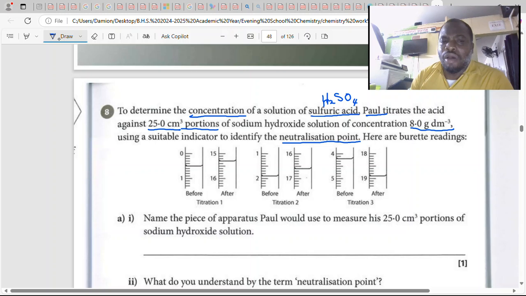Now, this is for the sodium hydroxide. What is the formula for sodium hydroxide? NaOH. And for the solution, we did mention in terms of concentration that it is 8 grams per dm cube.